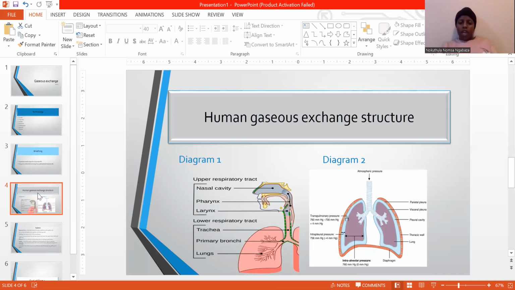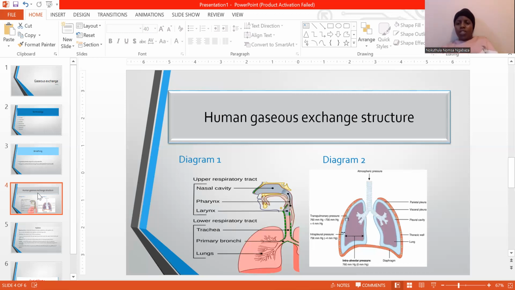your epiglottis is responsible for opening and closing, especially when you are eating. If you're not eating anything, your epiglottis is just going to remain open so that you can still have an intake of oxygen. But if you have to swallow anything, your epiglottis is going to close.